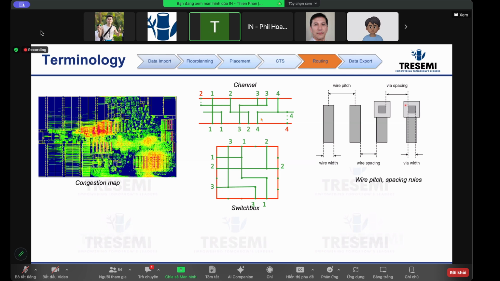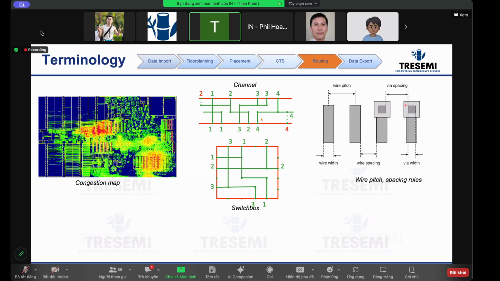So every G cell is going to have a certain net going through, and the tool keeps track of it. So they know exactly how many tracks are available per G cell.